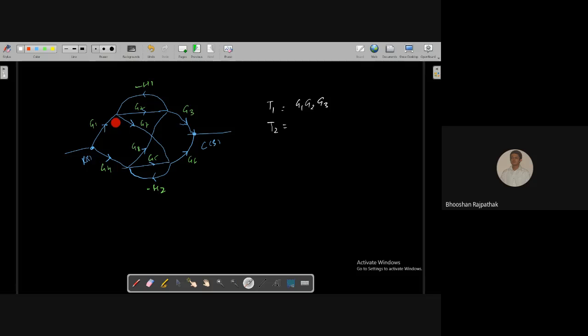So what is the different route? G1, G7, G6. Okay, so I will suggest you draw this forward path to understand. And you write G1, G2, G3. Okay, and then what is our next? G1, G7, G6.